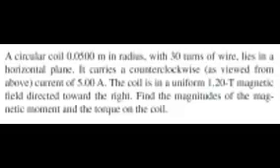For example, a circular coil of 0.05 meter radius with 30 turns of wire lies in a horizontal plane. It carries a current of 5 ampere, counterclockwise as viewed from above. The coil is in a uniform 1.2 Tesla magnetic field directed toward the right. Find the magnitudes of the magnetic moment and the torque on the coil.